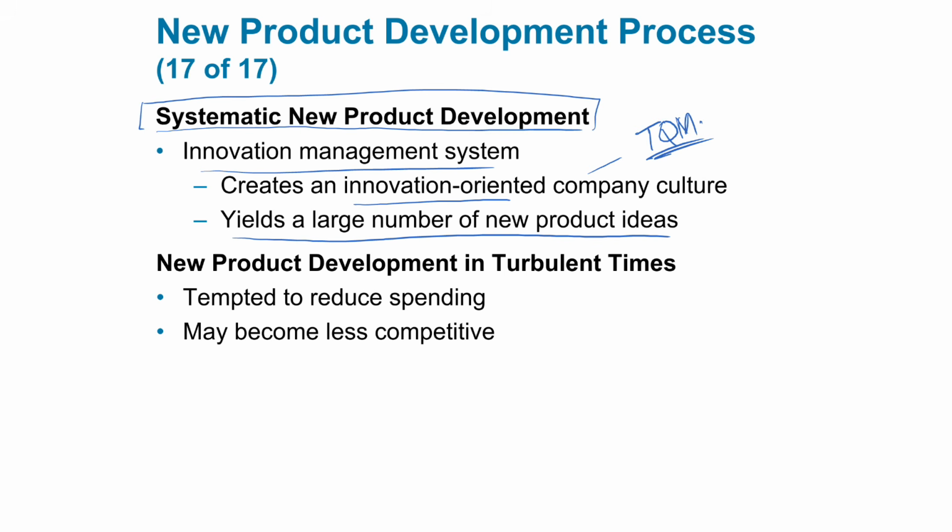New product development in turbulent times: companies are tempted to reduce spending and may become less competitive. You have to keep in mind that new product development is a very exhaustive, detailed process.